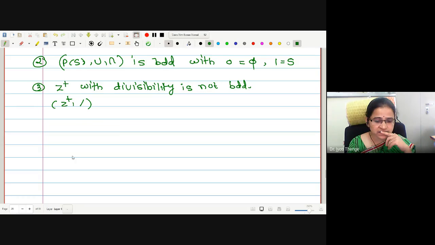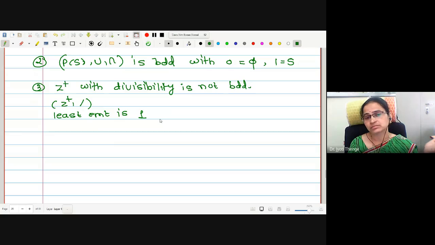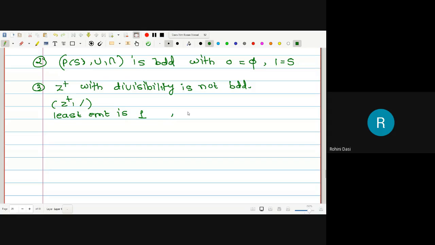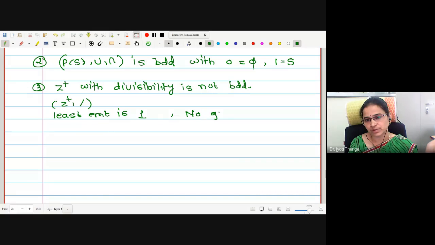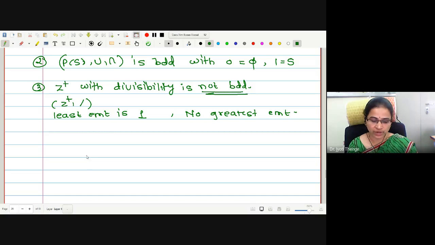Then what is the least element? If I want to draw a Hasse diagram, the least element is 1. The least element exists. But what is the greatest element? No greatest element. Therefore, this is not bounded.